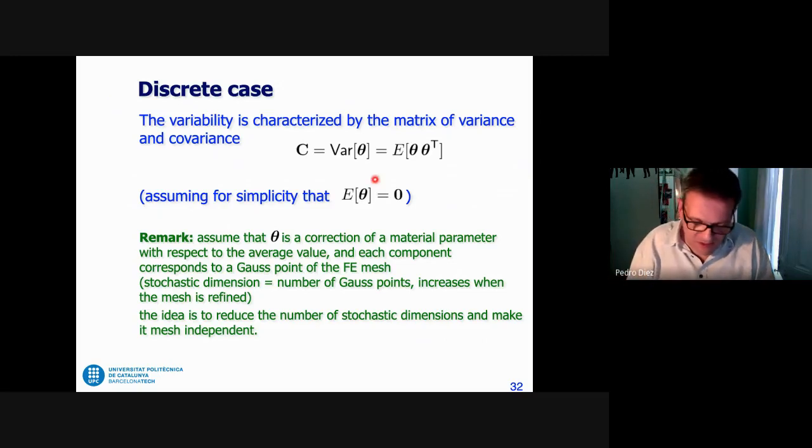In the case of a zero mean, zero expectation theta, so if you think of a perturbation or a noise that changes your elastic modulus at different points of the domain, the covariance is exactly the expectation of theta times theta transpose. Recall that theta is a column vector, theta transpose is a row vector, so the product of these two vectors is a matrix. You take the expectation of it and you get matrix C.